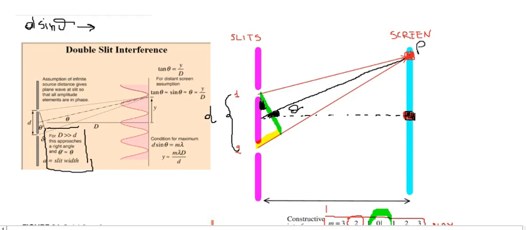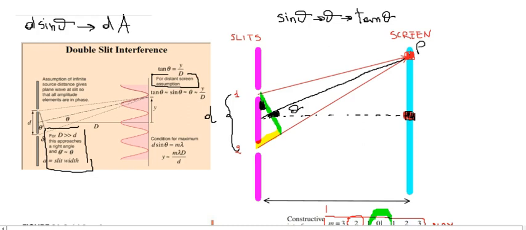And I can say that this theta becomes small. So in the approximation for the distance screen, in the assumption that the screen is far away, instead of sine theta, I can approximate sine theta to simply theta, and better, theta can be approximated to the tangent of theta. If you try with a small angle, the sine of theta in the calculator gives you the same value as the tangent of theta.